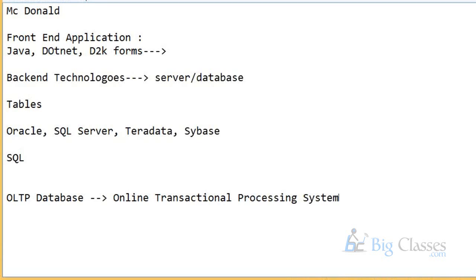The design is optimized in such a way that it can receive a single record at a time. Typical examples of OLTP systems are the ATM withdrawal system, a loan application, or banking applications.